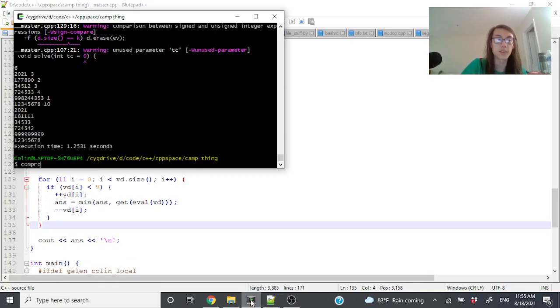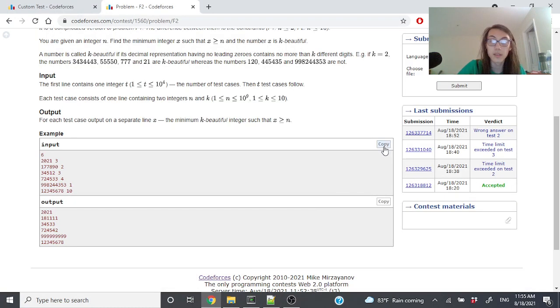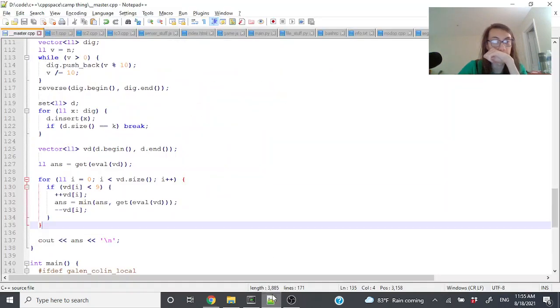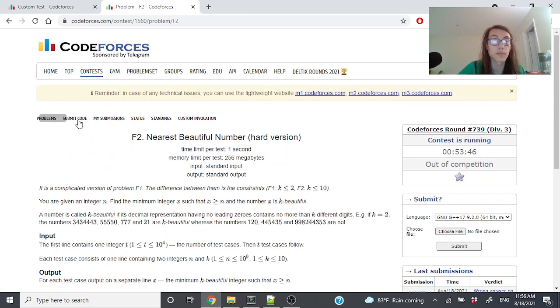It's so scuffed at this point. That should work. V[i] is less than 9. Yeah, that should handle a very specific case, I guess. I'm gonna try that now.